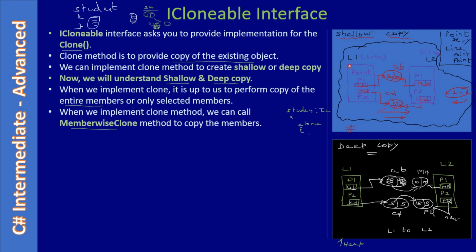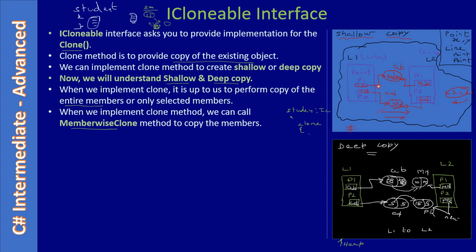Okay, to explain it properly, let's say a line object. Inside the line object we are implementing the clone method, and when you make a call to MemberwiseClone, it will create a new instance L2. You are calling MemberwiseClone on L1, so it creates a new instance on the heap, L2.